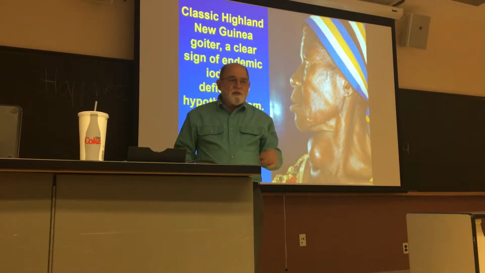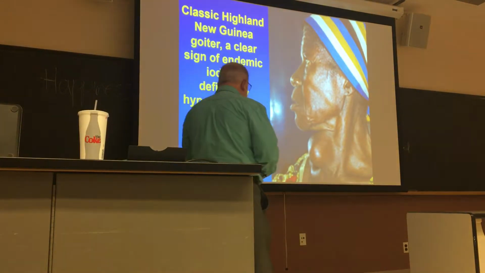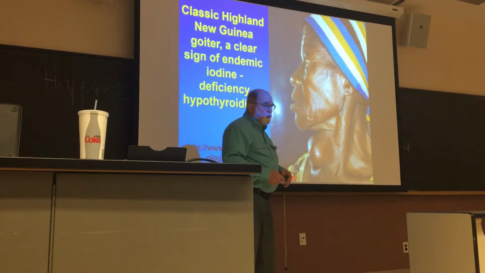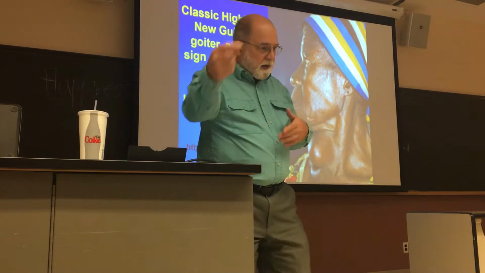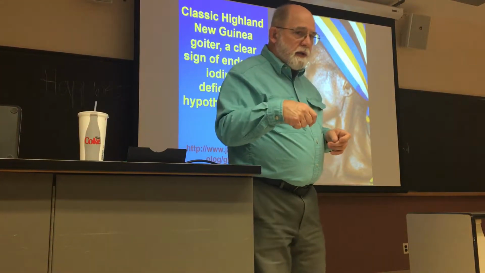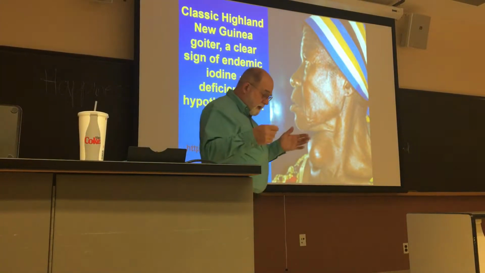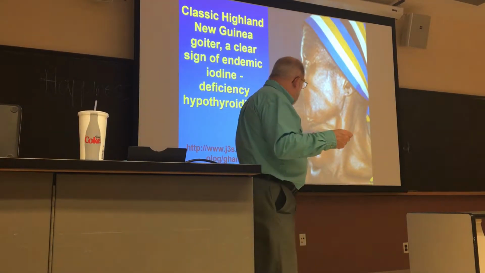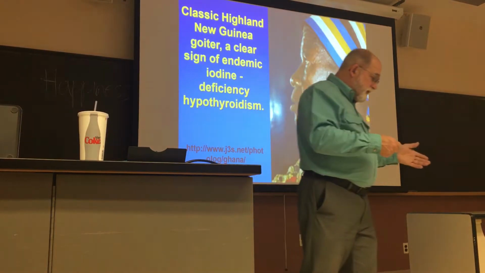I also mentioned the fact that there are functional goiters. In autoimmune conditions, you can get a situation where there's an antibody made by your immune system that stimulates the thyroid cells to make T3 and T4, thyroxine and triiodothyronine, and essentially takes the place of TSH.